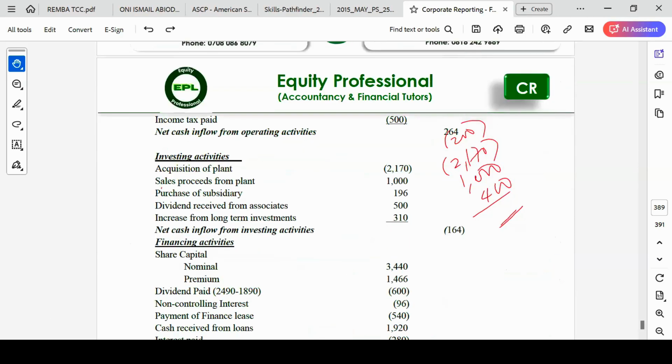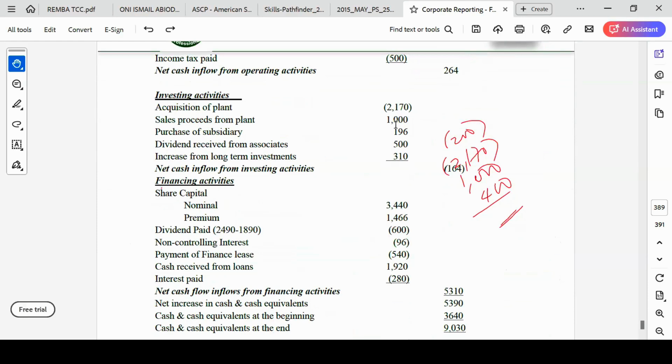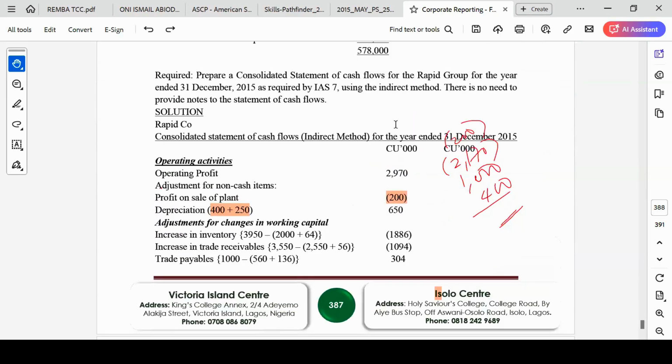It must be analyzed here. Minus 27, 170. 1,000. We have looked at depreciation. 400. Hmm. 2,370.